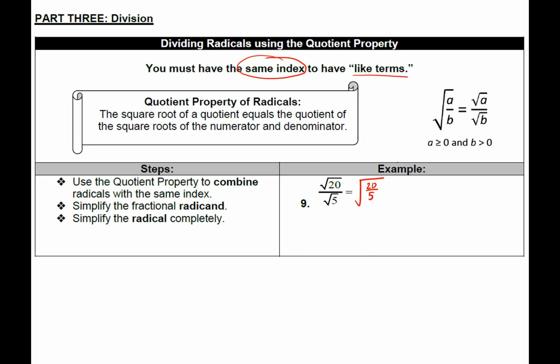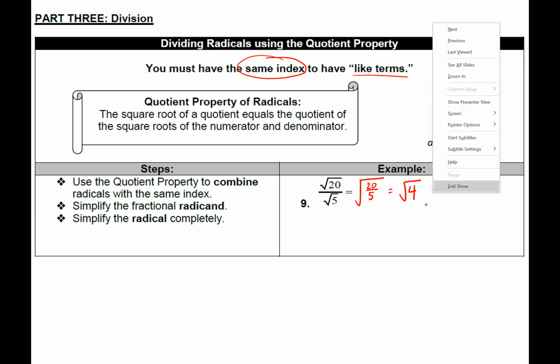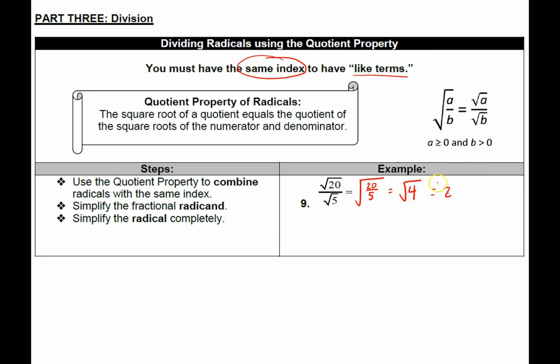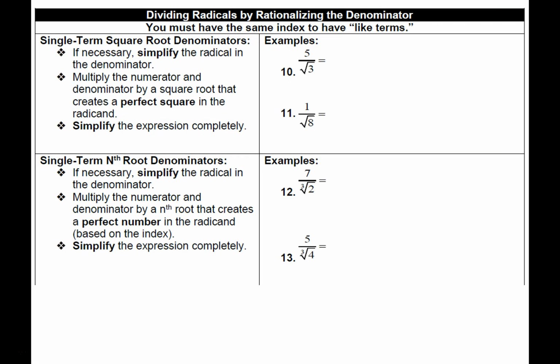And that makes my life easy because I can do 20 divided by 5. 20 divided by 5 is 4. So then I have something without a fraction to deal with, which is always nice. The square root of 4 simplifies to 2.